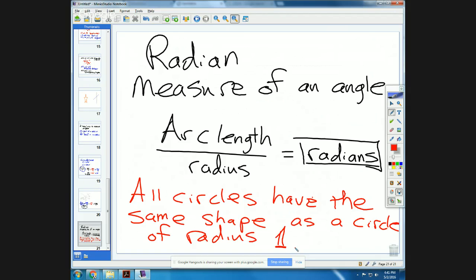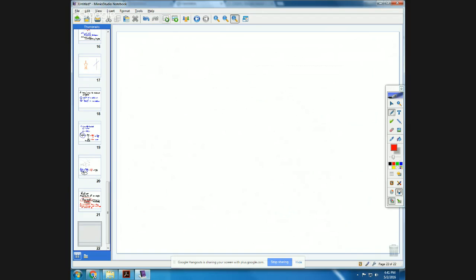So I can use a circle of radius 1 as my guide. By the way, if a circle has radius 1, would you agree that dividing by 1 is pretty boring? Nothing happens. So on a circle of radius 1, the arc length is all that matters to describe the angle.